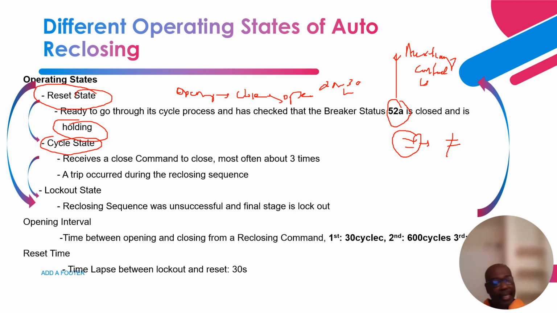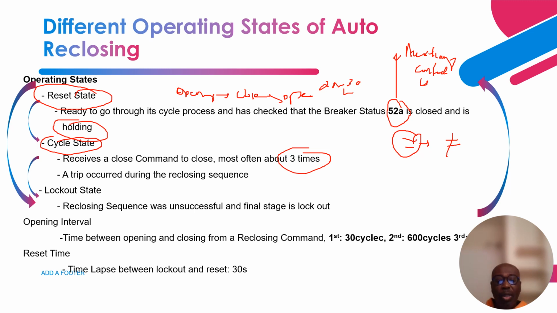Next is the cycle state. The cycle state is when the auto recloser receives a close command, most often about 3 times, and also a trip has occurred during the reclosing sequence.